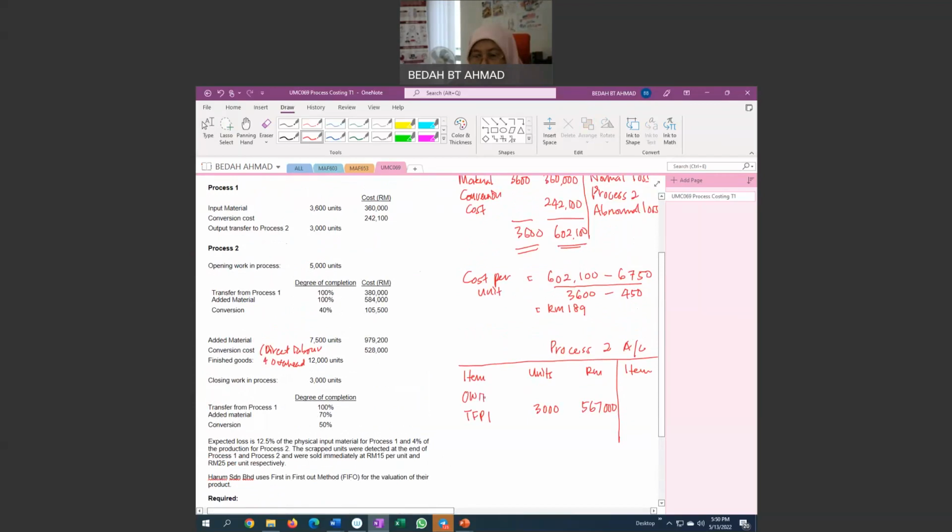The opening work in progress is 5,000 units, and these 5,000 units have a cost which is 100% transfer from process 1, so 380,000, 584,000, 105,500. All these are equivalent to 1,069,500.